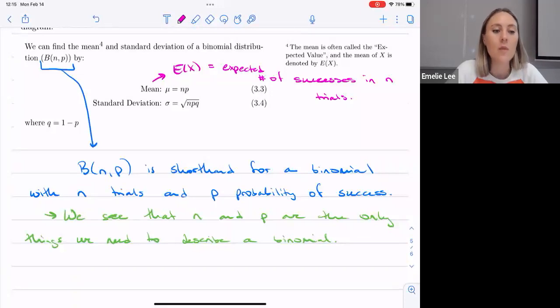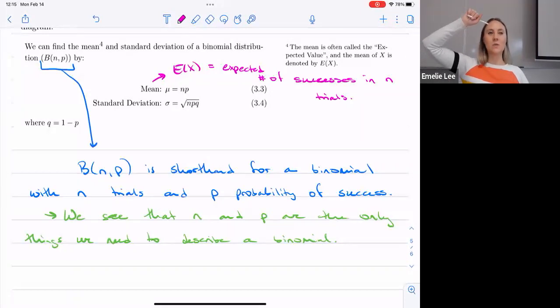If I say, I'm going to try to get this shot in, I'm going to try 10 times. How many times would I expect to get it in the hoop if the probability is 0.2? I would expect to have 2 of those, right? 20% of those 10 go in. And what did our brains do? We did 10 times 0.2, right? And so our brains already understand this idea of, if there's some probability of success and I try so many times, I expect N times P successes in that number of trials.